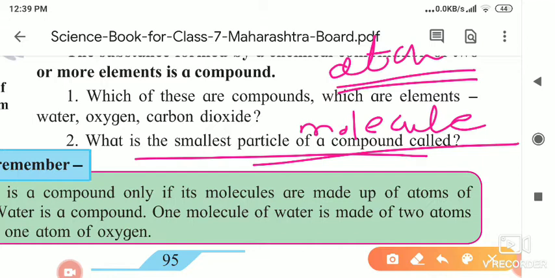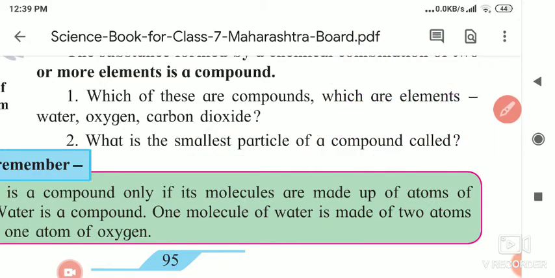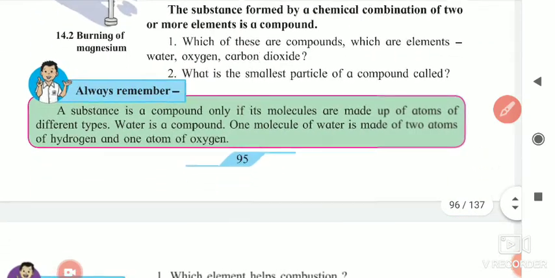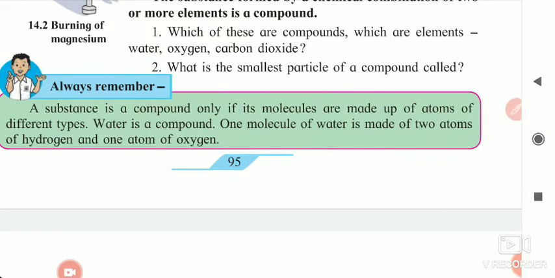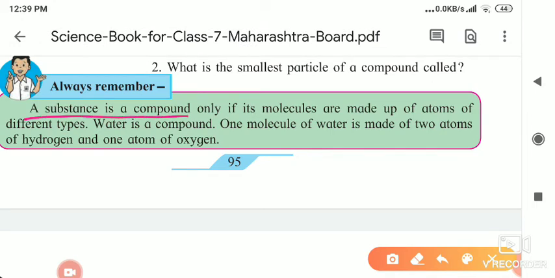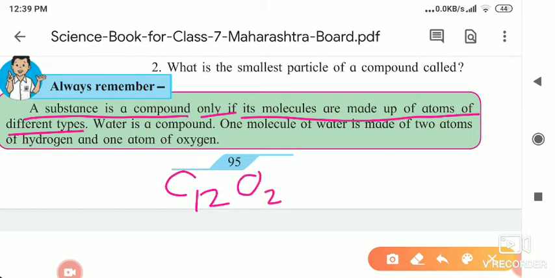Always remember, a substance is a compound only if its molecules are made up of atoms of different types. We see this in the examples of sugar, C12H22O11, and CO2.